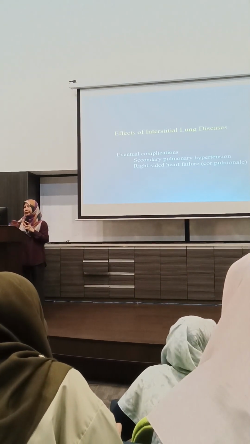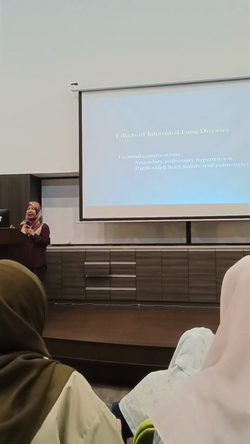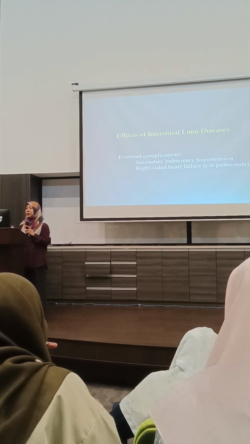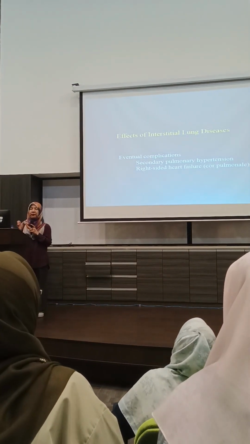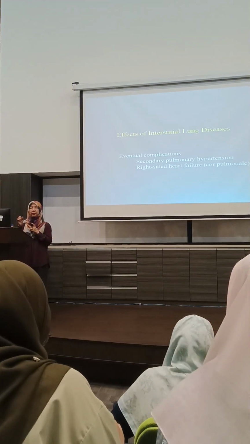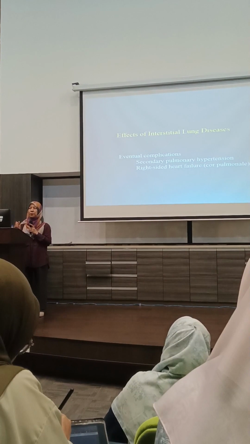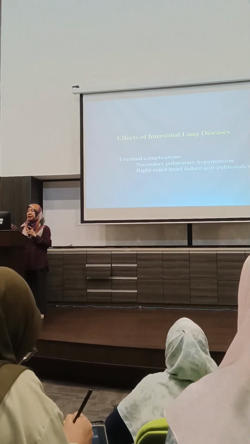At the very end of it, the complications will be secondary pulmonary hypertension, because the blood vessels are being constricted, being destroyed, so the pressure in the vessels will increase, and this happens in the lung.